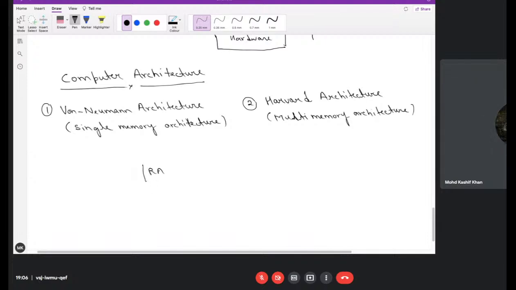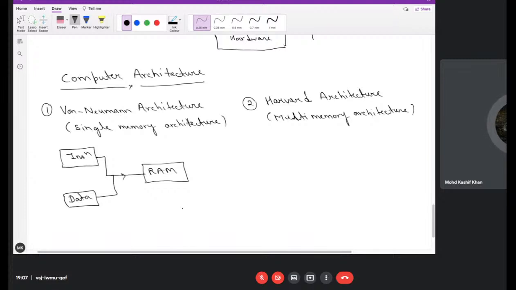The main memory is RAM, random access memory, and both the instruction and the data are in the RAM only. So to execute any program, you bring it into the main memory, so that the CPU executes that part of the program.